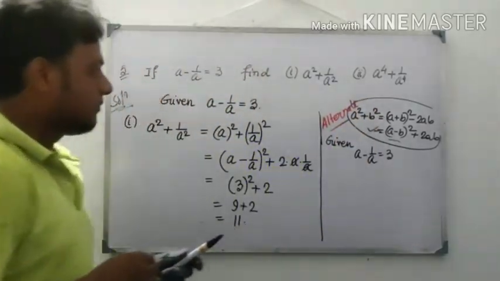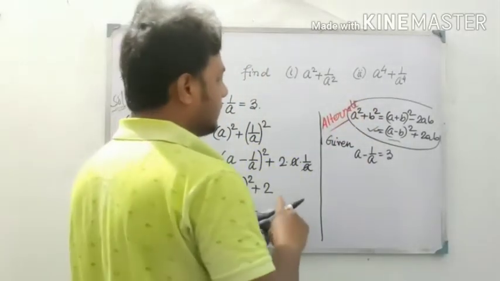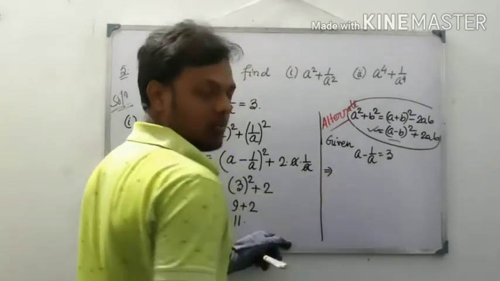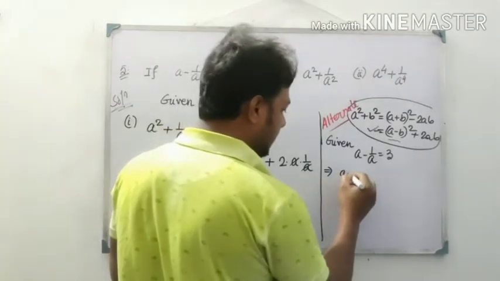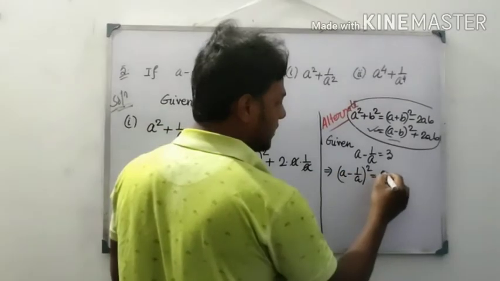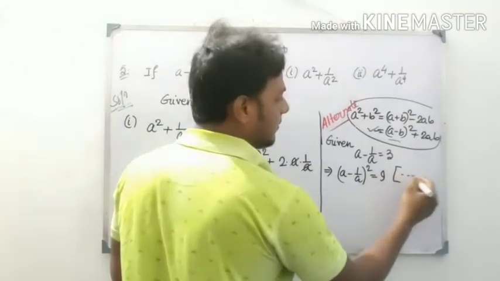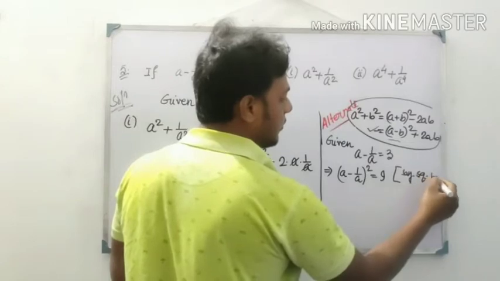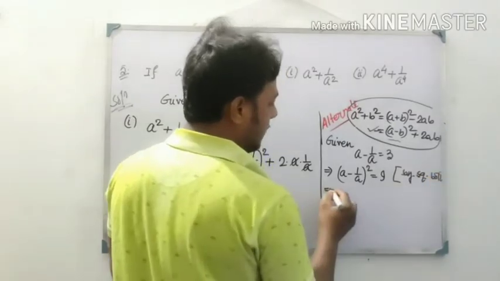To solve it, just square both sides. Then this whole square equals 3 square, which means 9. We have to write here that by squaring both sides.